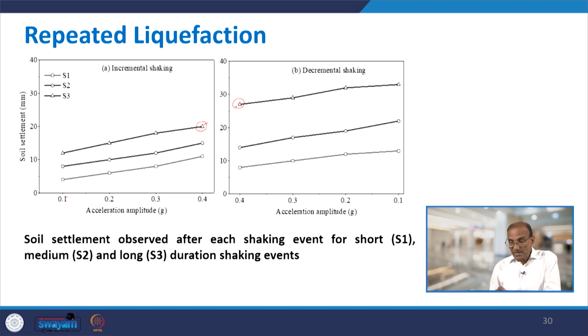Then after 0.4 g shaking, even if I decrease the acceleration amplitude, the settlement is going to increase, it is not going to decrease, because settlement will add up. This is basically cumulative settlement, not the independent settlement. After 0.4 g, the soil has already settled, so when you apply 0.3 g or 0.1 g, it will add to the already existing settlement. So, this was all.